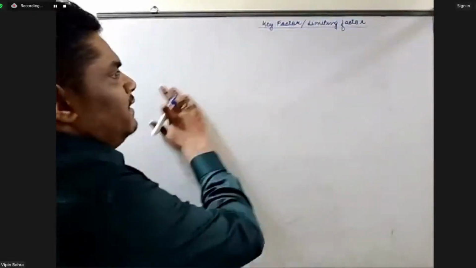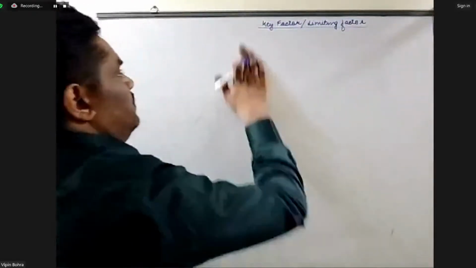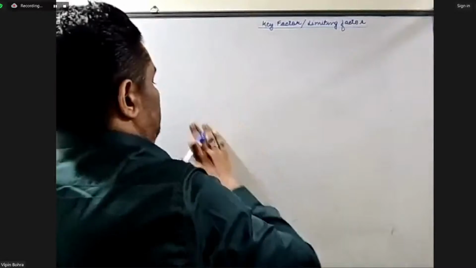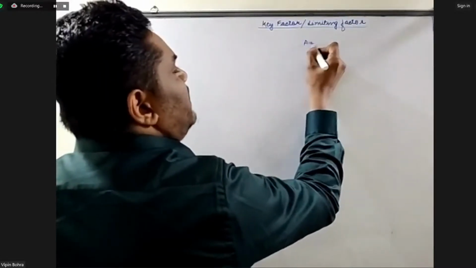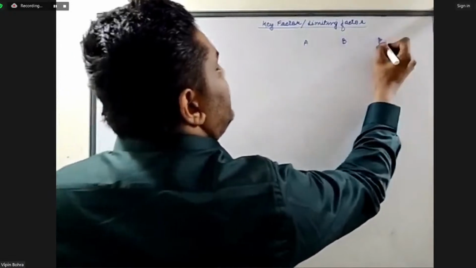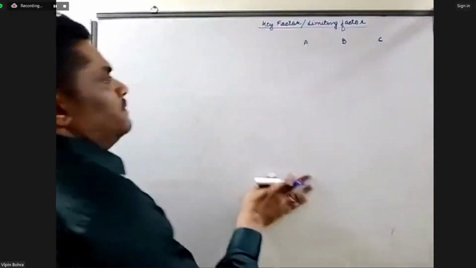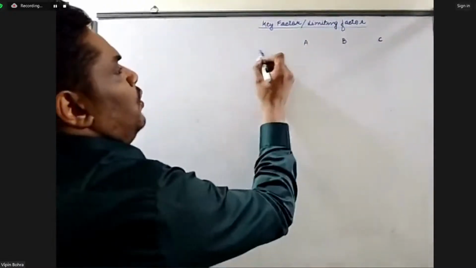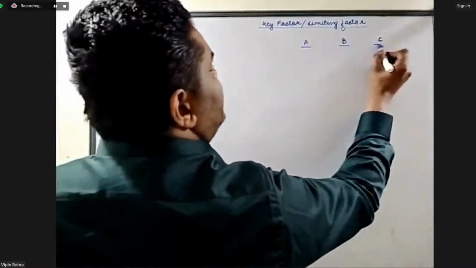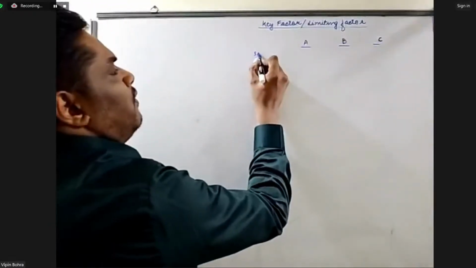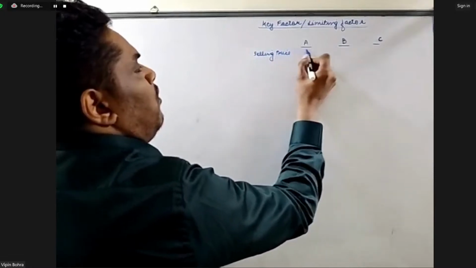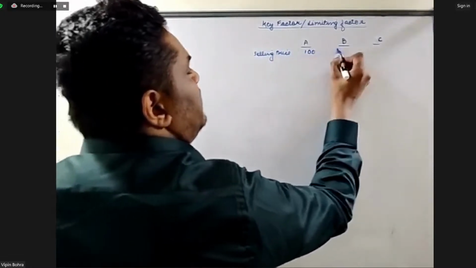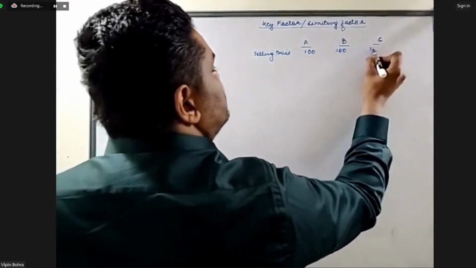So let's say I manufacture three types of product: product A, product B, product C. When talking about the selling price, A is sold for 100, B is sold for 100, and C is also sold for 100.